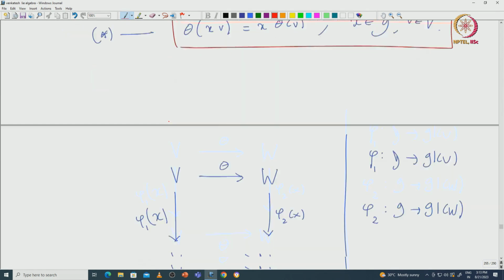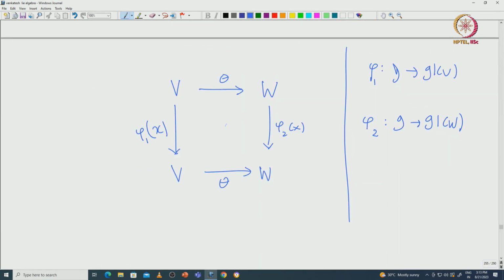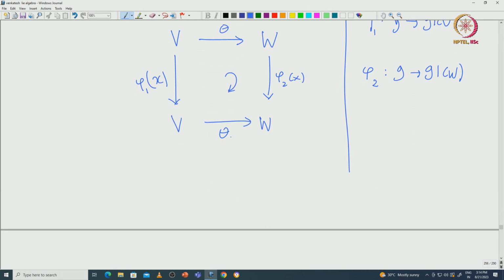this diagram must commute. Okay. So, if I take some V from here, and then this is mapped to theta of V on the right side. There is a way to actually reach using the action.